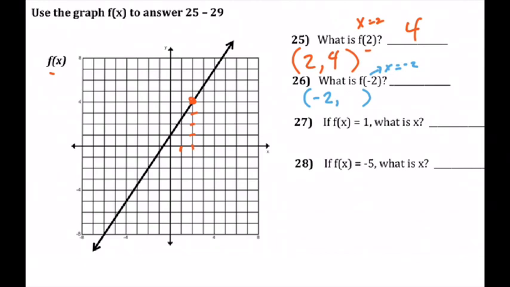So I know that I'm going to go to negative 2 on the x-axis, and then where do you go to find the graph? You go to negative 2 on the x-axis. How do I get to my graph then? Go to negative 2. So (negative 2, negative 2). That means that f of negative 2 is negative 2.